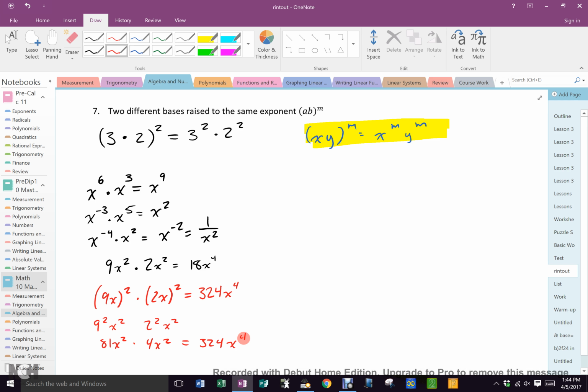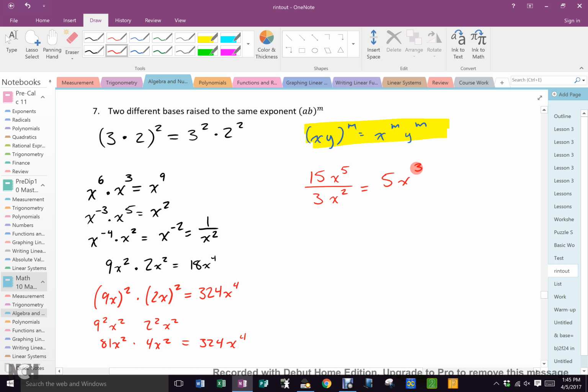Okay, what would you do with this? 15x to the fifth over 3x squared. I haven't shown you what to do with that. I want to see if you can figure it out. 5x cubed.